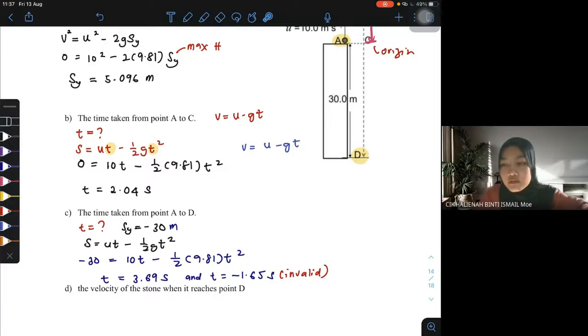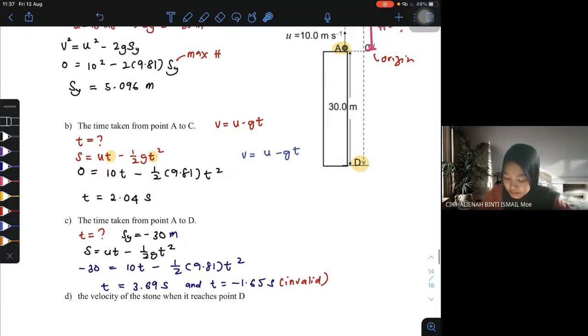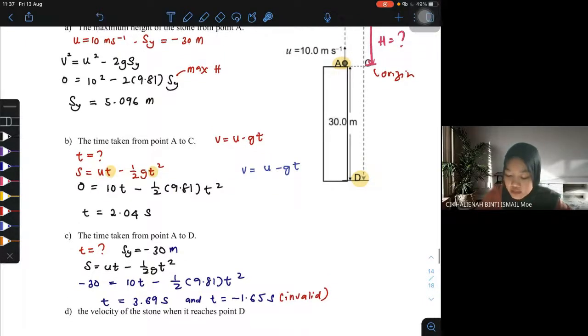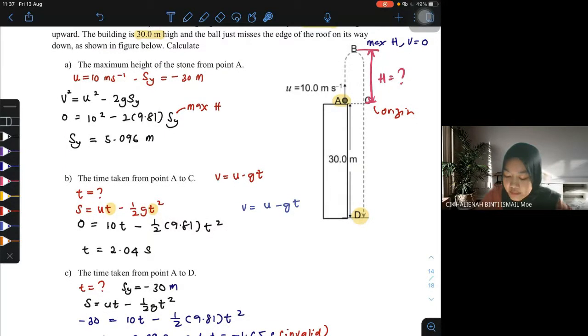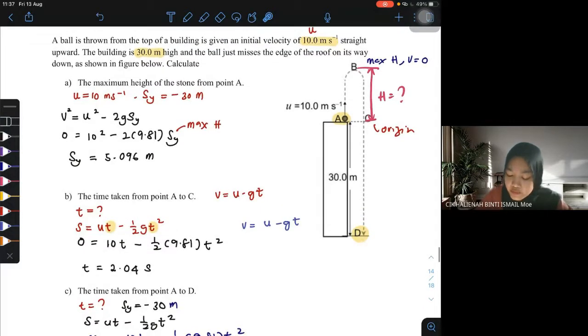Oh no. Apa dia? Sorry. Dia punya displacement tu, displacement memang negatif. Tetapi initial, daripada mana dia dilepaskan. This one is ball. Ball ni memang dia naik ke atas. So bila naik ke atas, dia punya direction adalah upwards.